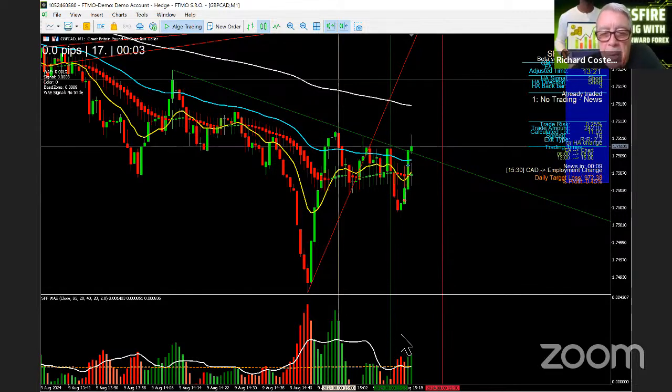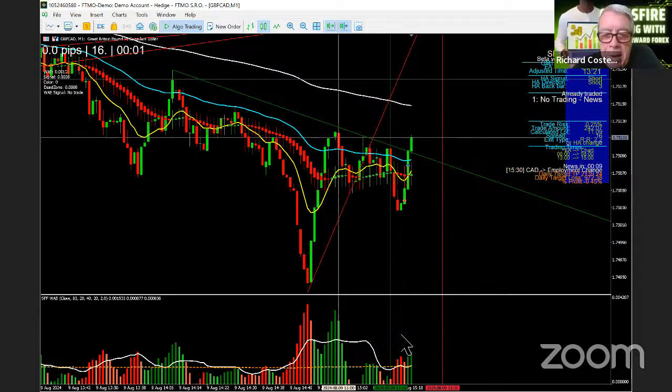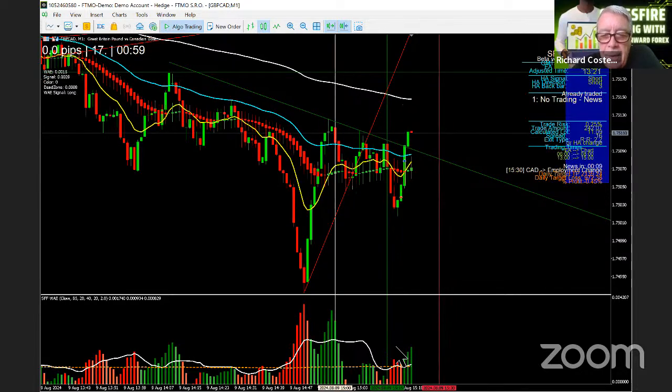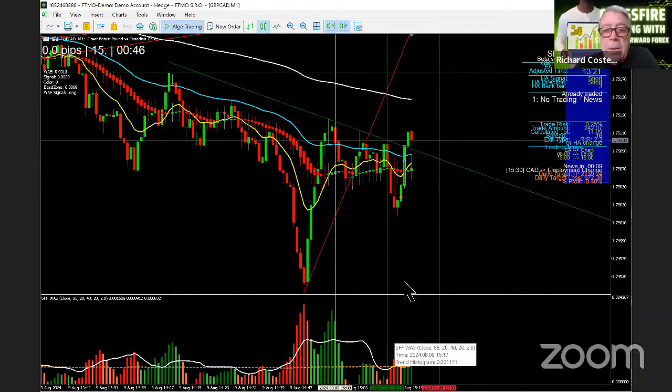And it must have been momentarily above the orange line. So it did what I asked it to do. I asked it to get into a trade when the explosion line was above the dead zone line, and it was, obviously, for one candle.